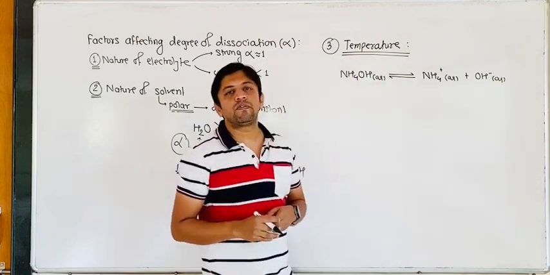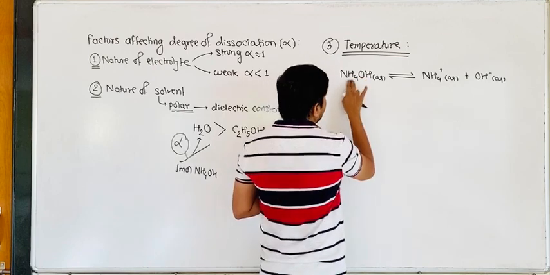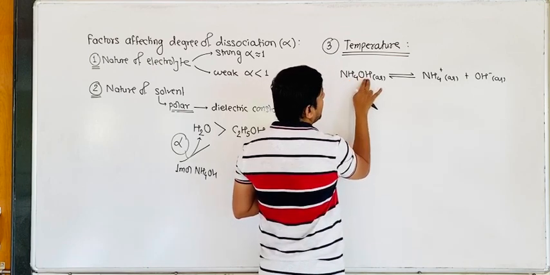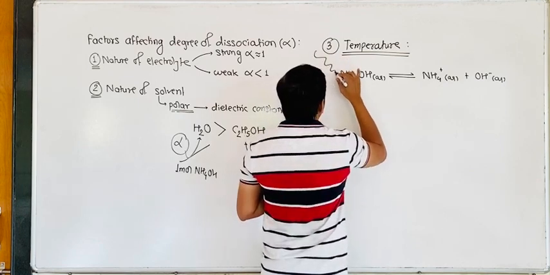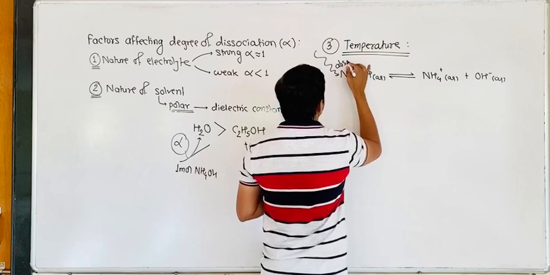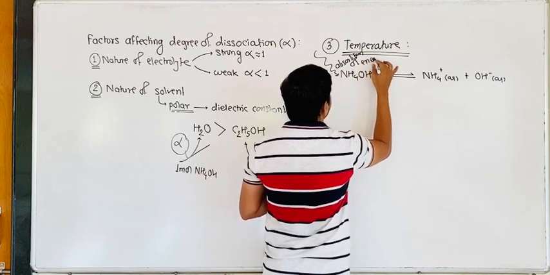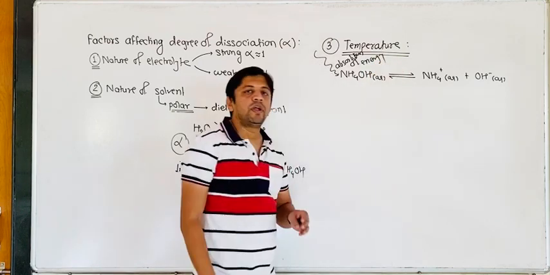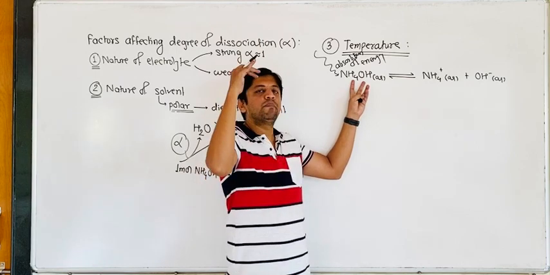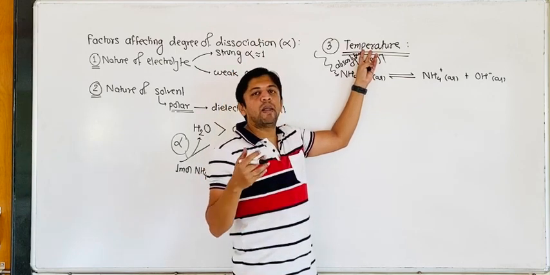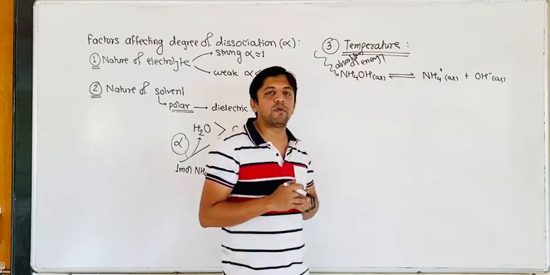These NH4 plus and OH minus ions are held together by an ionic bond, and to break an ionic bond it requires absorption of energy. Dissociation requires absorption of energy, so at higher temperature more energy is available in the form of heat, which is absorbed by the electrolyte to favor its dissociation.